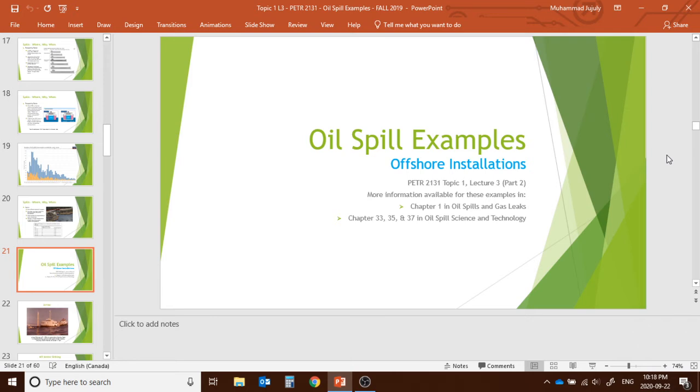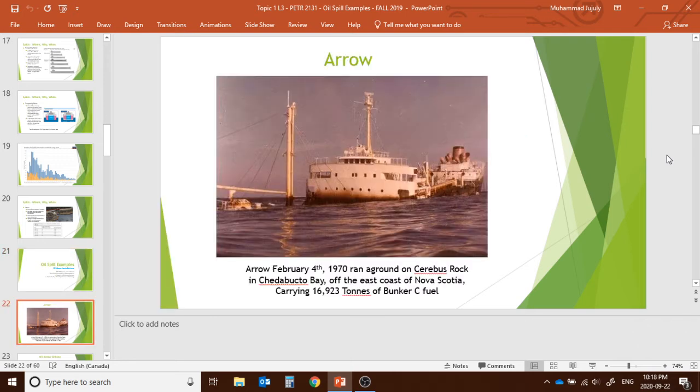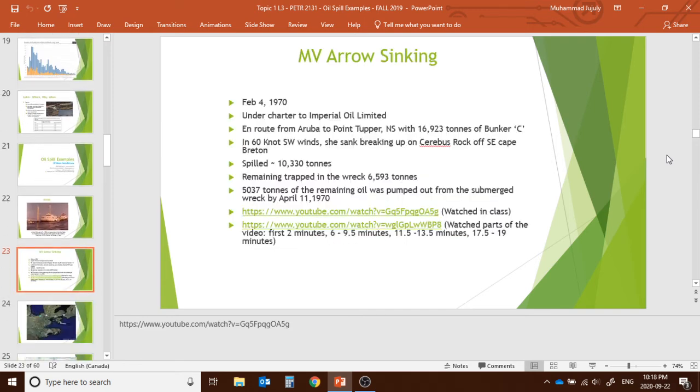Now we'll go through some examples, like the SS Arrow. It had a severe oil spill in the 1970s near Cerberus Rock in Chedabucto Bay, east of Nova Scotia. It spilled nearly 10,000 tons, and it sank and broke up at Cerberus Rock.